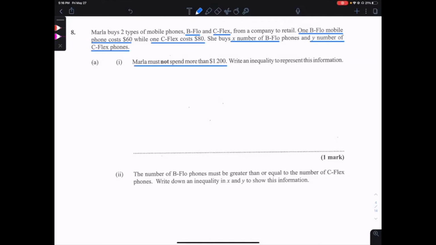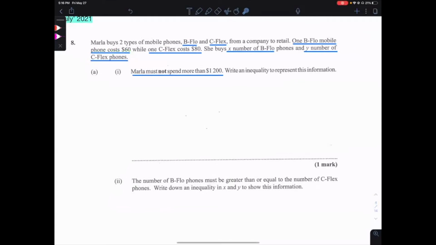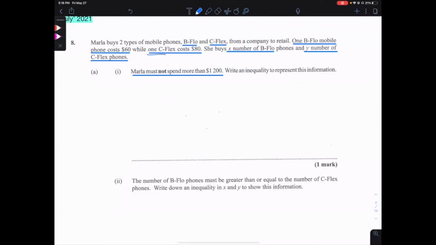Brittany, if Mala bought one B-Flow phone and one phone costs $60, how much money would she spend? $60. Rihanna, if Mala bought one C-Flex phone, and one C-Flex costs $80, how much money would she spend? $80.